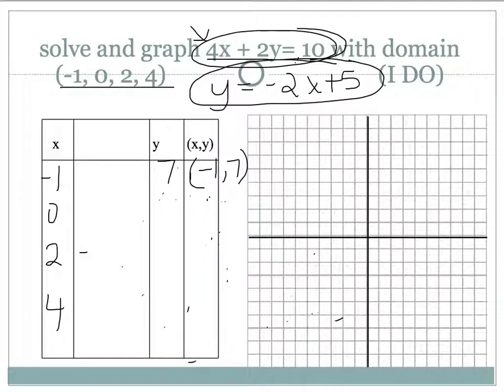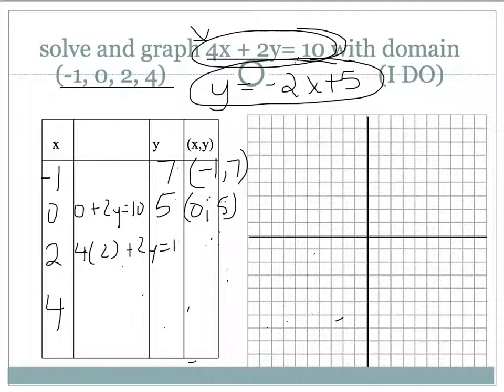Okay, so for the next one I need to fill in 0 where x is, because that's the domain. So then I'm going to have 0 plus 2y is equal to 10. So 2y is equal to 10, so y must be equal to 5. 0, 5. Okay, and the next one, when x is 2: 4 times 2 plus 2y equals 10.